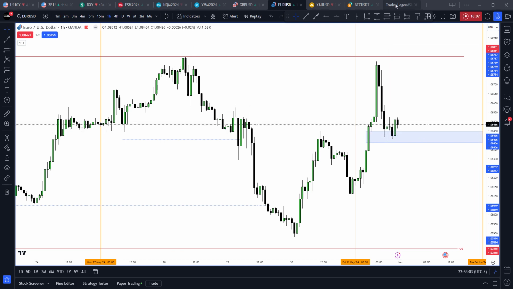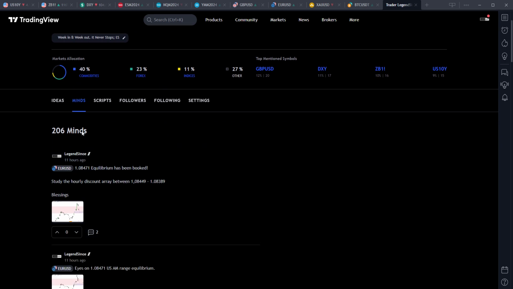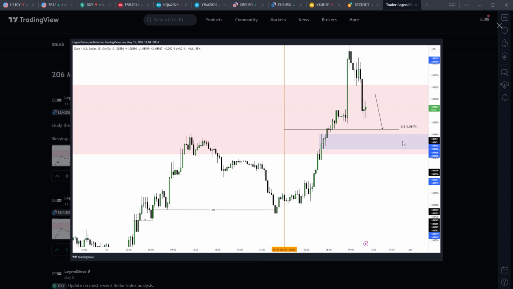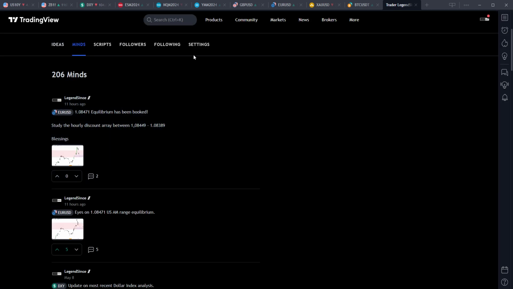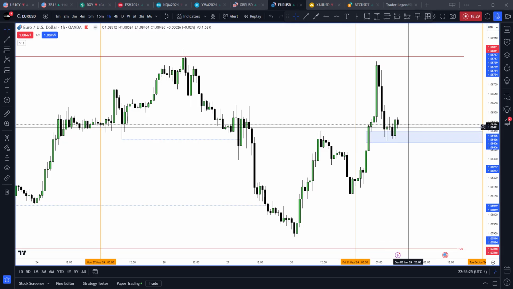It's funny because if I was to go back in time, I don't know if you guys are able to see this, but I actually made a prediction about price trading into this very area, which is 1.08450 or 1.08471. 1.08471 is right there.